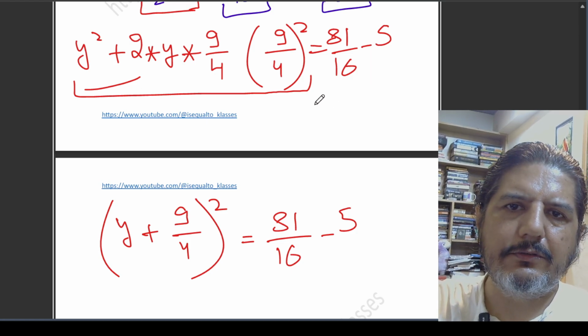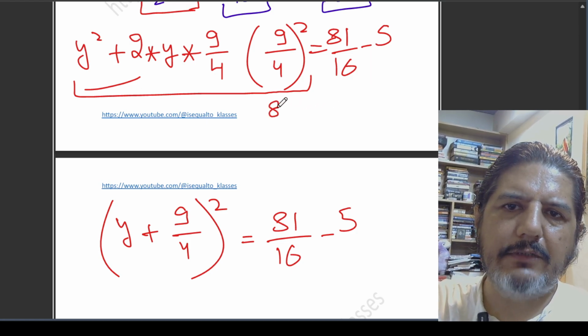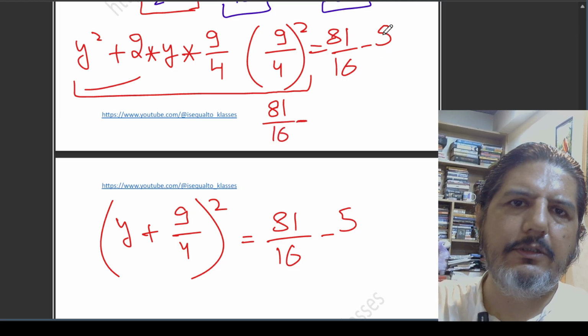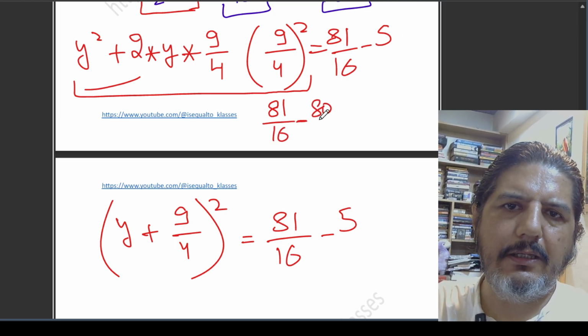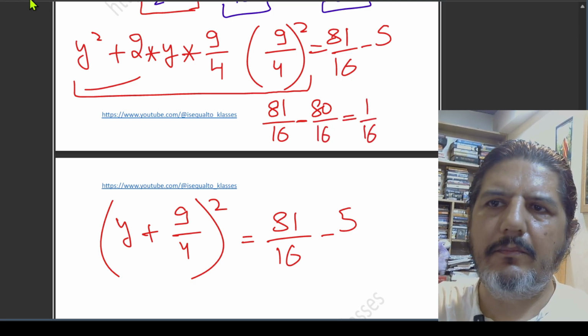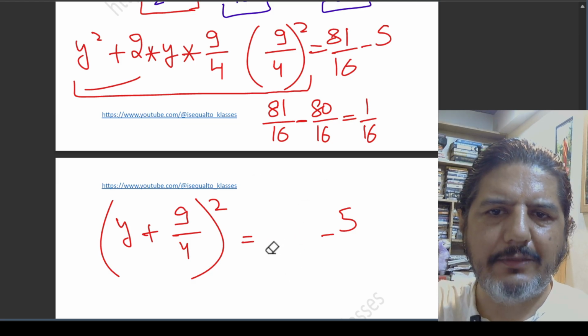Let me solve this. This can be written as 81/16 minus 5 into 16, 80 upon 16. This would be equal to 1 upon 16. I'm just taking LCM.